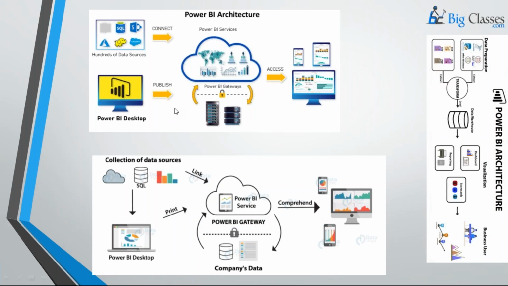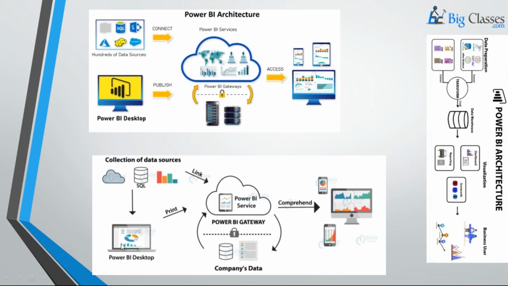the architecture. This is a simple architecture that I showed during the initial discussions. Through Power BI Desktop, you'll be creating and publishing the dashboard to the Power BI service.